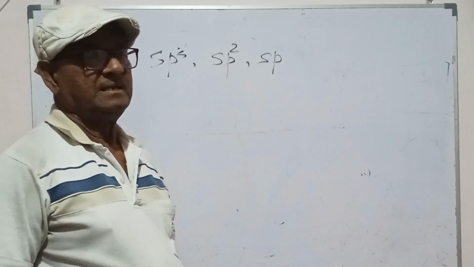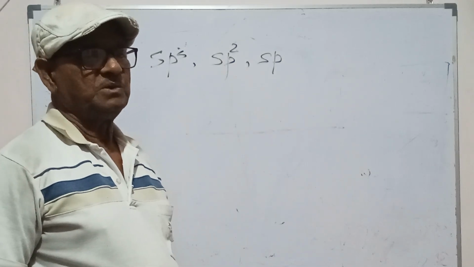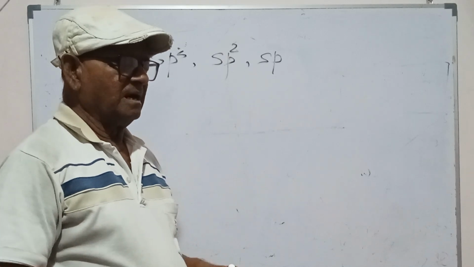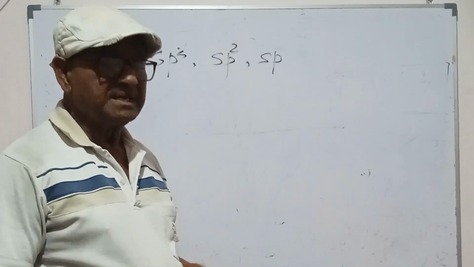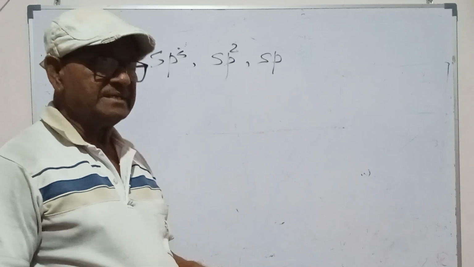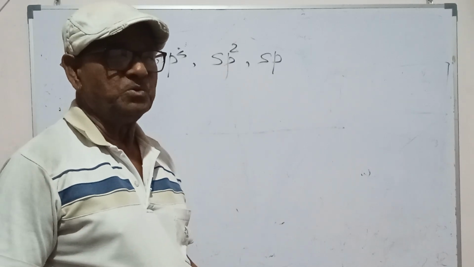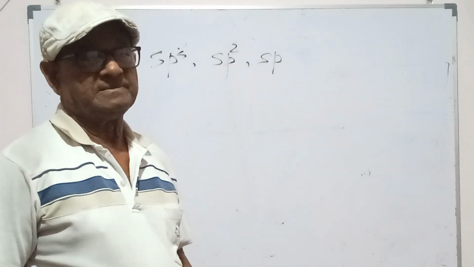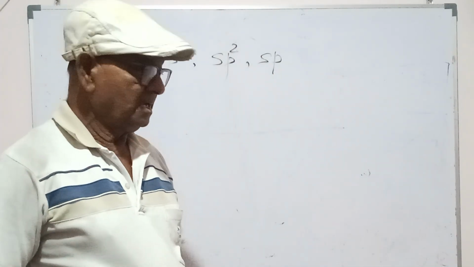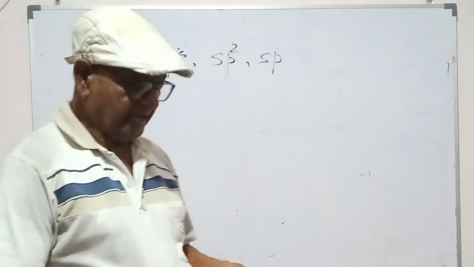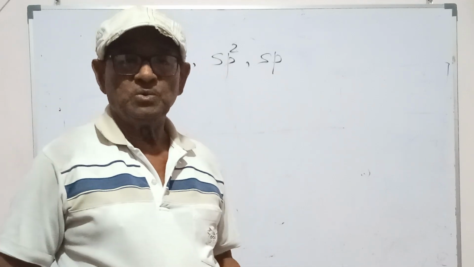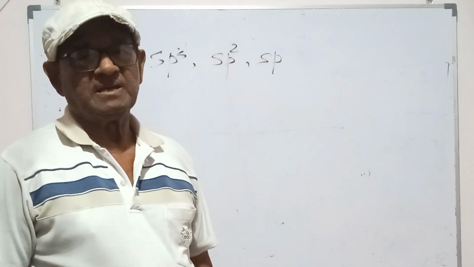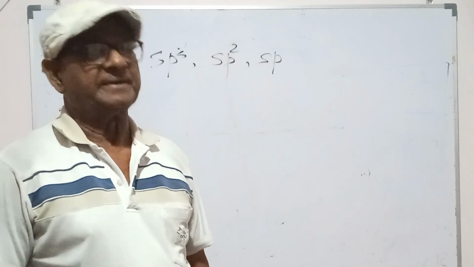In detail, I had explained how it forms, and after the formation, what the arrangement is. All the details I had explained according to the new A-level syllabus. Right? Today, I am going to explain the other type of hybridization related with the phosphorus atom.